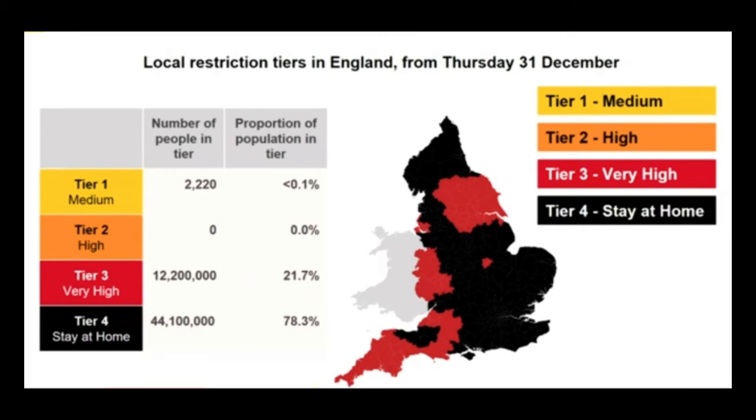But this just proves to me anyway, I don't know about you, but just looking at this slide on its own, why in the hell is the Tier 4 stay at home, why the hell is it in black? That just looks like death, danger, not even danger, death. That looks scary.